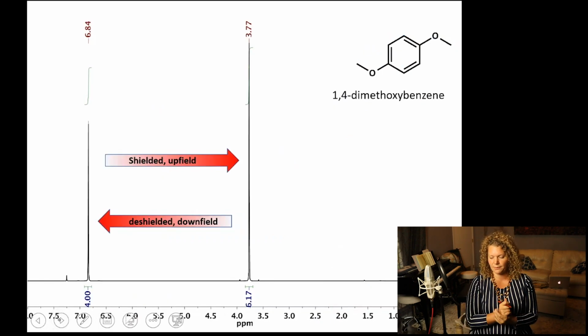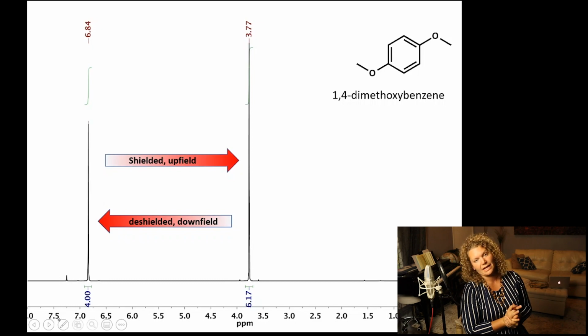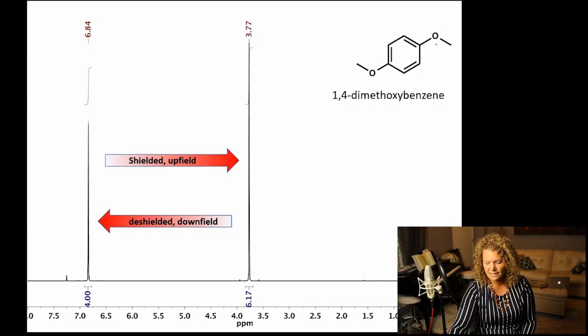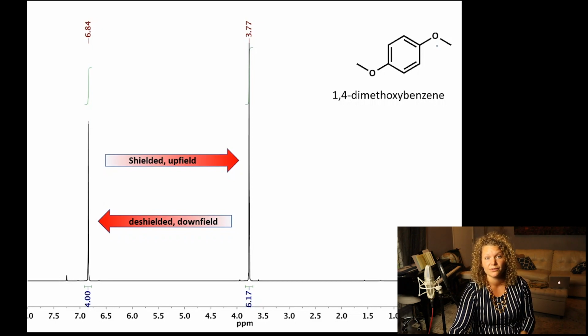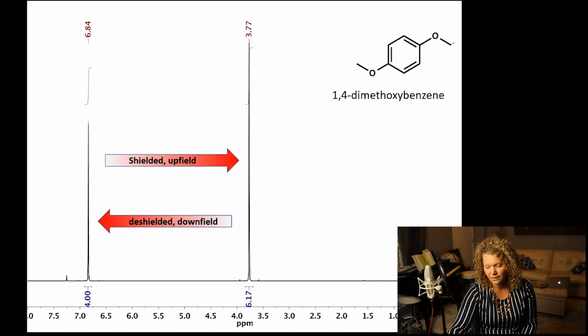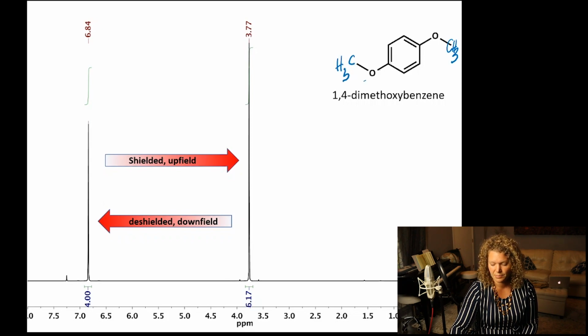Let's do another example. 1,4-dimethoxybenzene. We've seen this methoxy group in an alkyl group before, not attached to a benzene ring, but we've seen this before. Our CH3 here is equivalent to this CH3. There is a plane of symmetry.